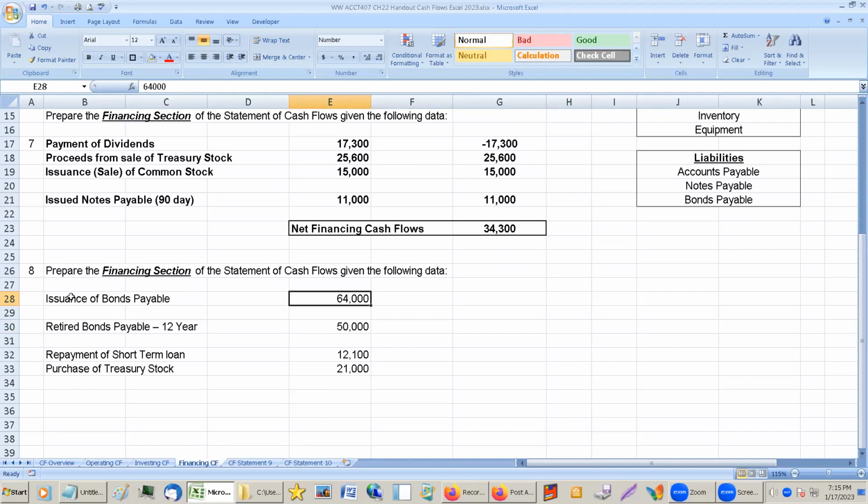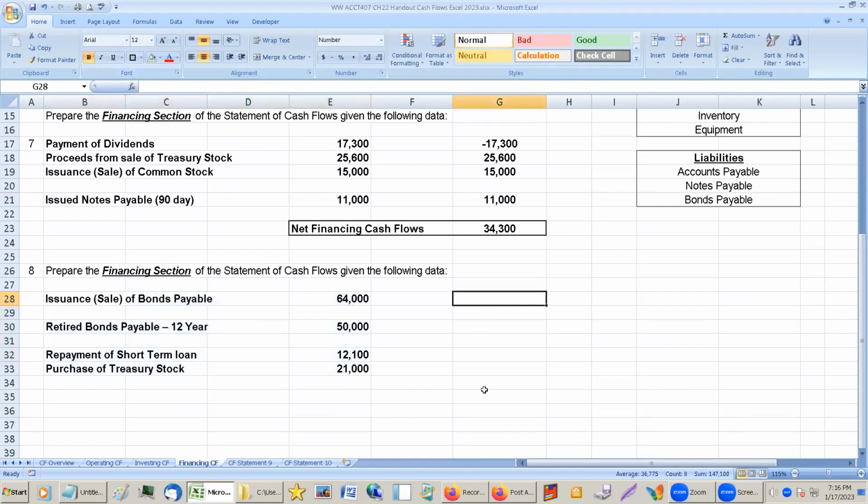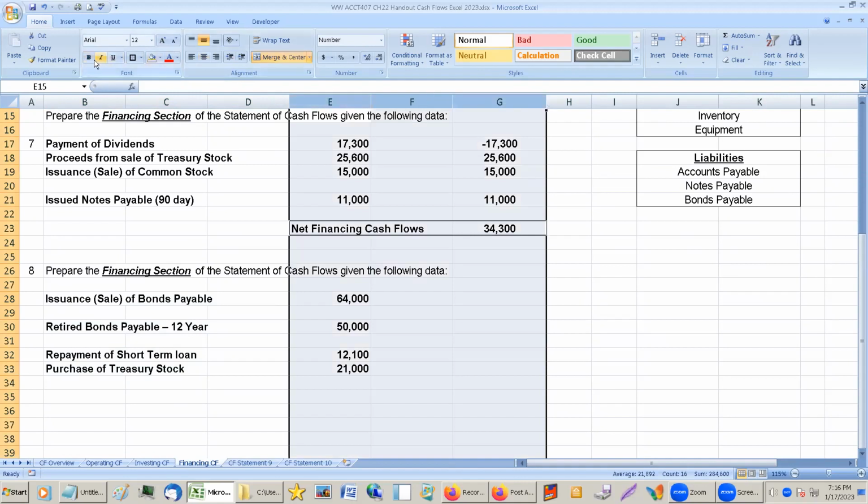Okay, issuance of bonds payable. Issuance again is the same thing as a sale of bonds payable. So will that be a plus or minus? Plus. Plus.